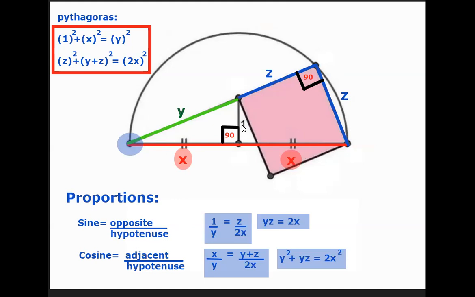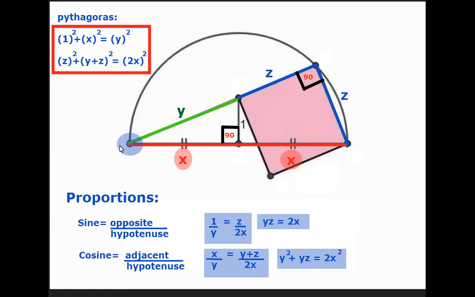So for the small triangle, we have 1 over y. And for the large inverted triangle, the opposite side is z from this angle, but the hypotenuse is the diameter, 2x. Cross multiplying, we get the relationship that y times z equals 1 times 2x, so yz equals 2x.